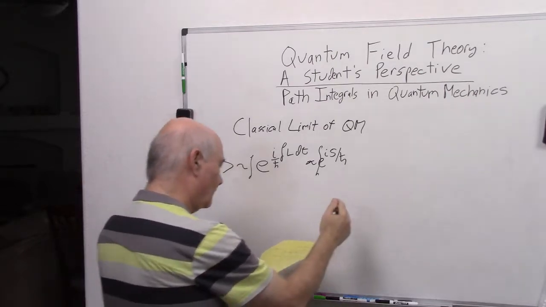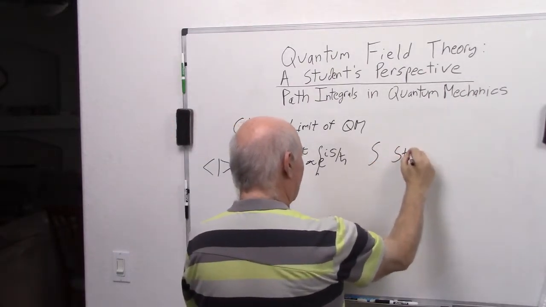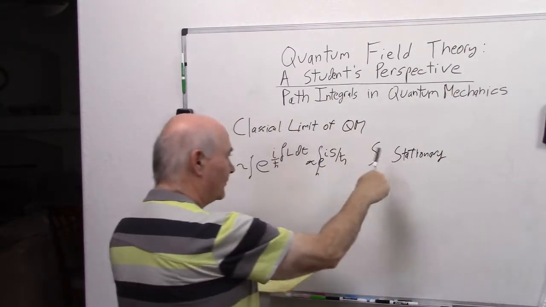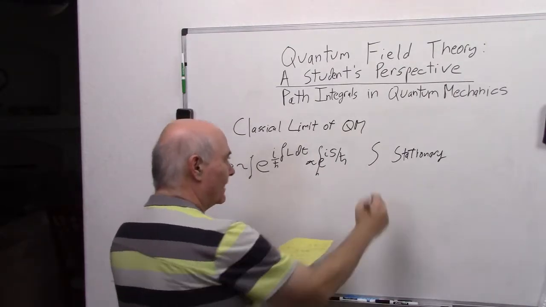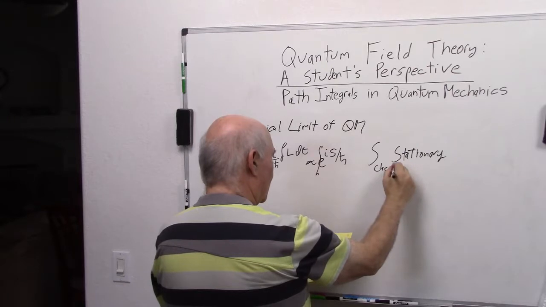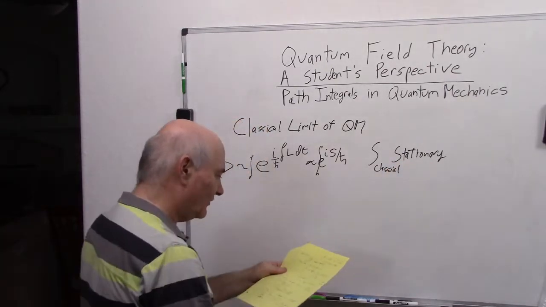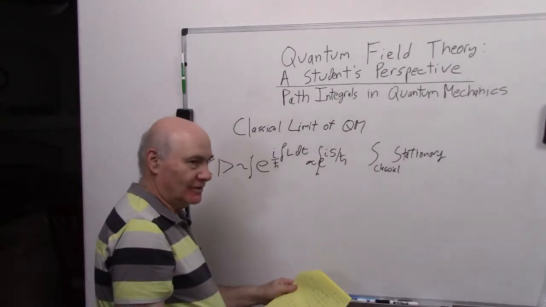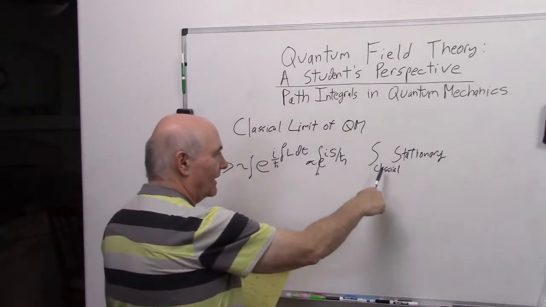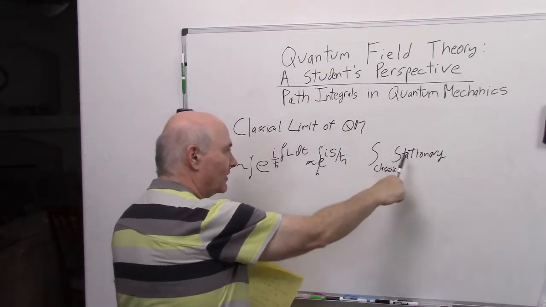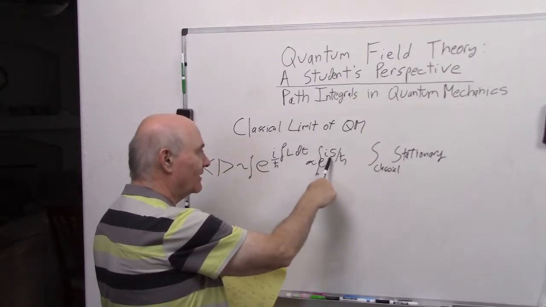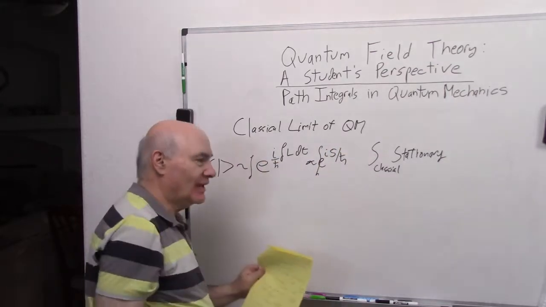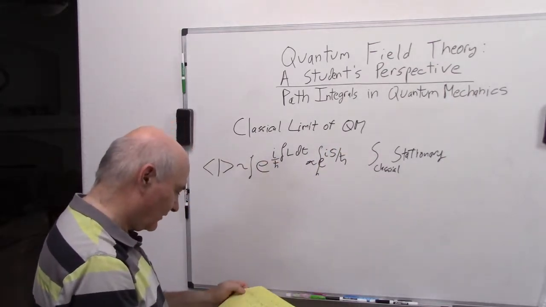But when the phase is stationary, that's when the contribution adds up, so we want the classical action to be stationary. Actually, the classical action is defined in such a way, when you go through the Hamilton approach, that it is stationary, and I'll show in a second how that happens. When S is stationary, we just get the classical contribution. The others all zero out. So that makes sense of how we get classical mechanics.